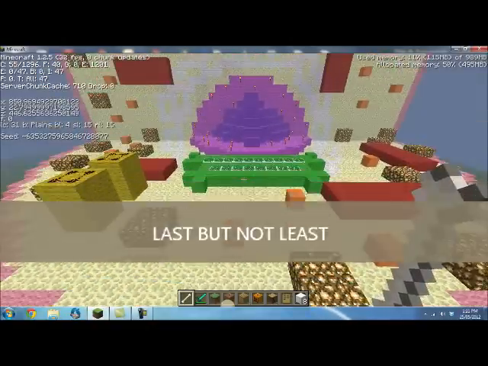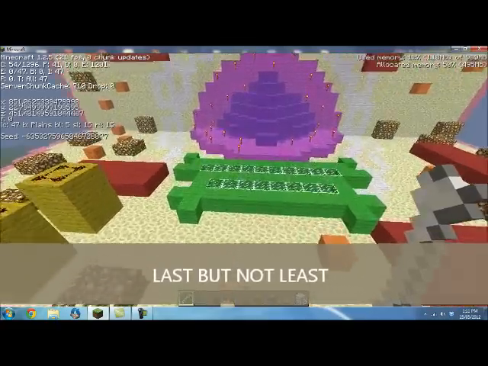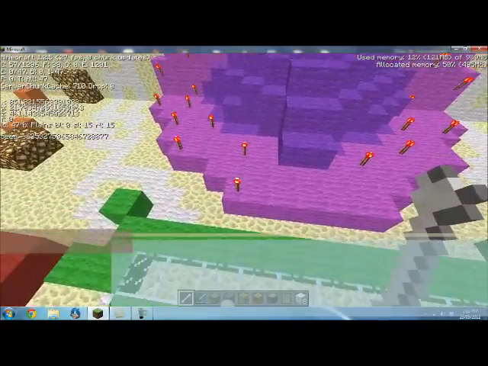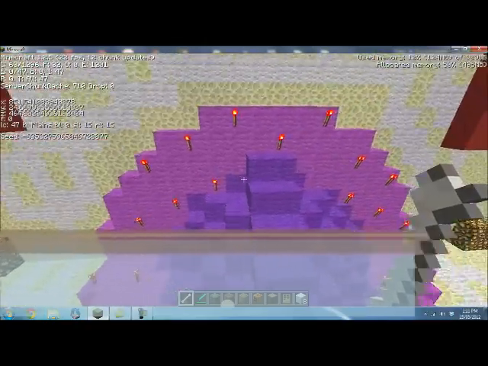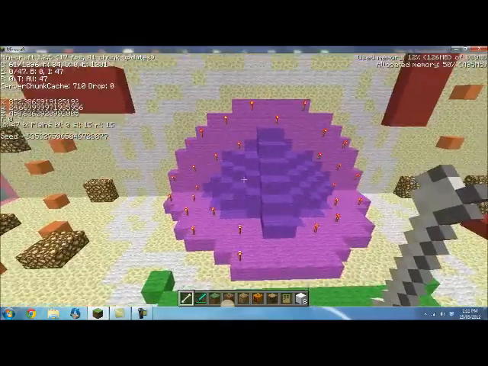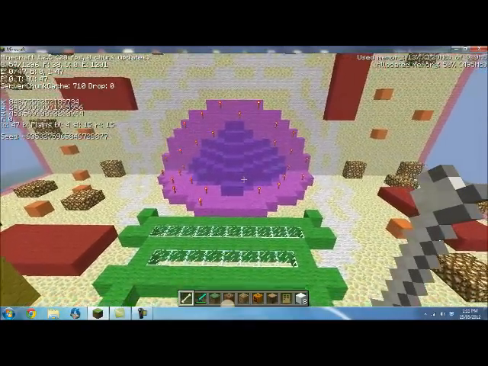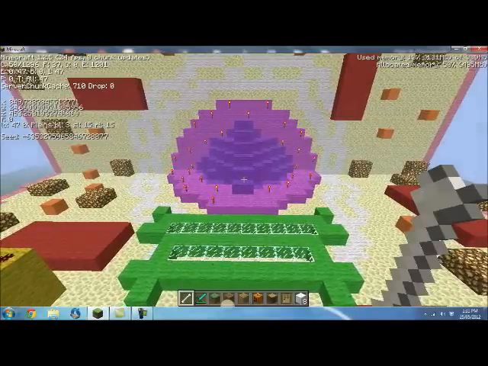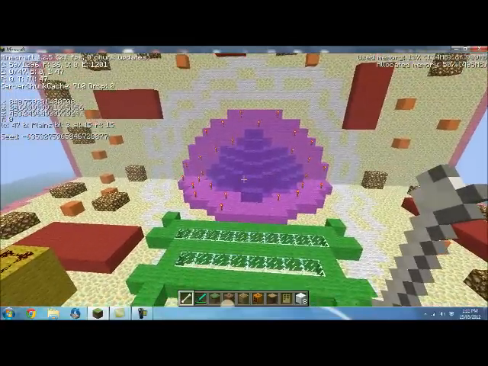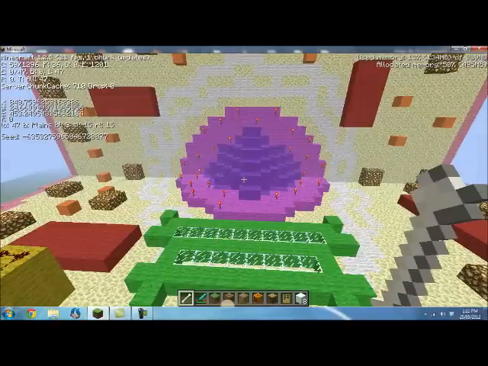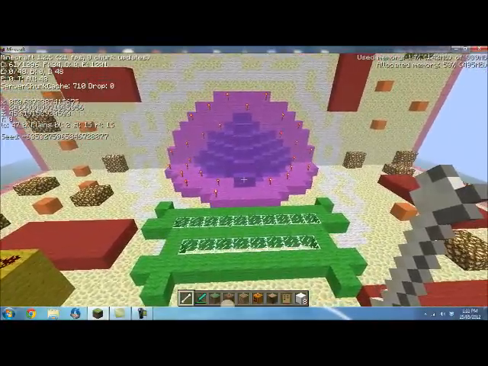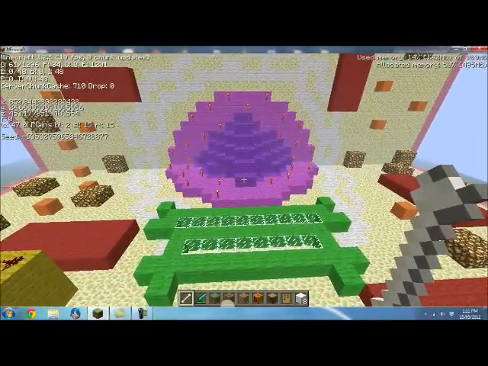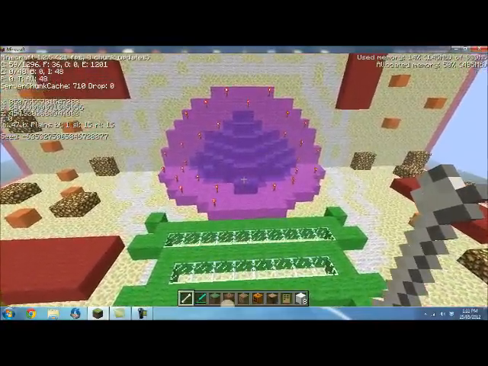Well, last but not least, we have these ribosomes. The ribosomes are these little redstone torches, these little red dots that are around the nucleus and the nucleolus. How shall I explain this? A ribosome is basically a large complex molecule, and it catalyzes the formation of proteins from individual amino acids using a messenger RNA template.